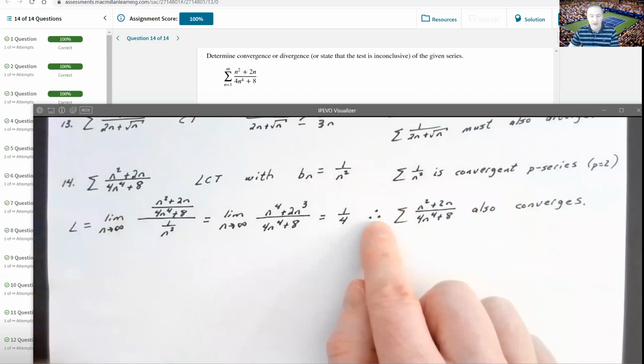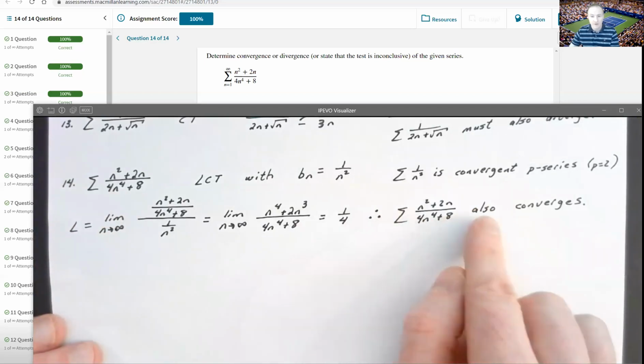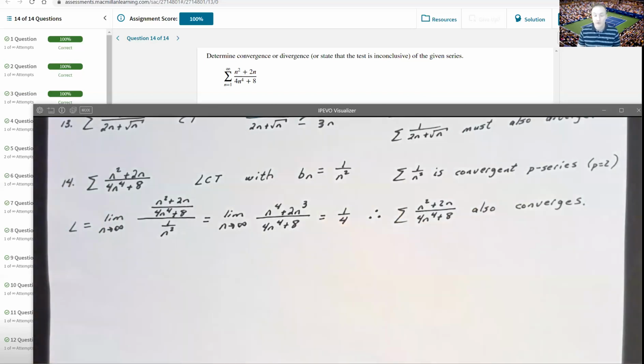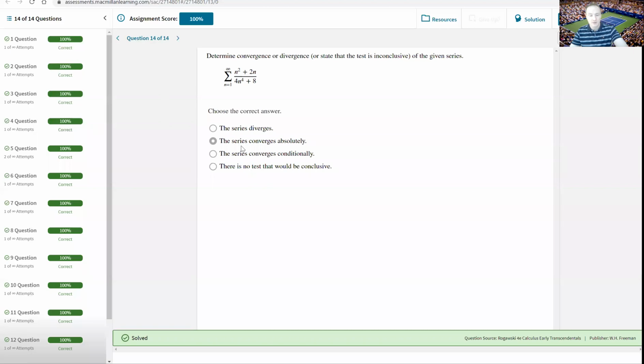That's why we're saying, therefore, the series of interest also converges, because that value is equal to 1/4. Please remember, you would get that same answer anytime the limiting value for the limit comparison test is any number greater than 0 but less than infinity. It has to be some finite multiple of b sub n, and in this case it is. So we would say, since b sub n converges, our series also converges.